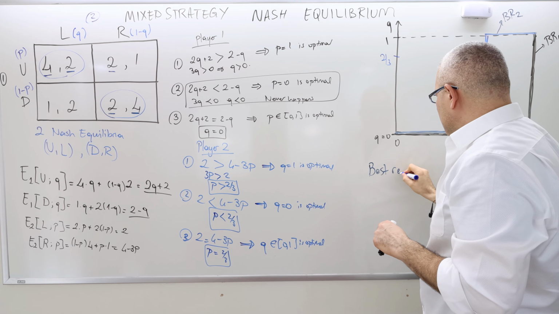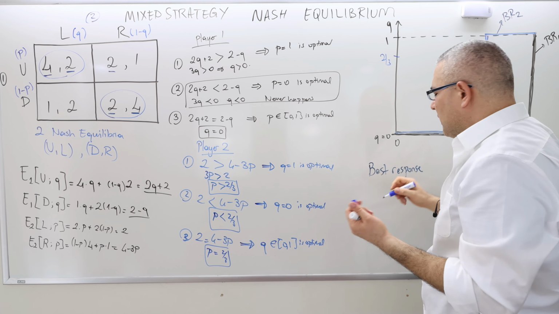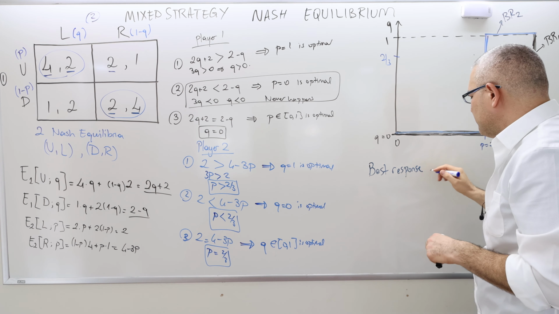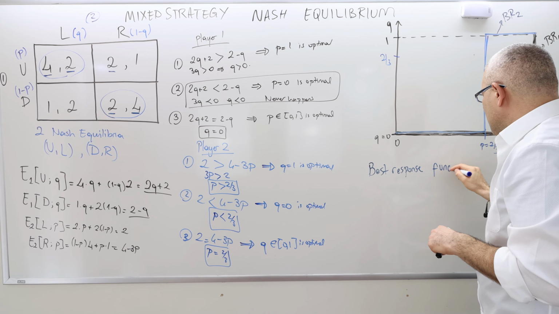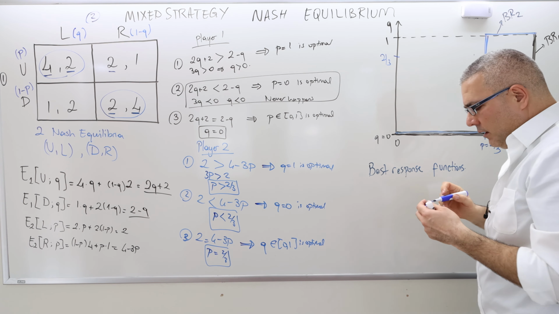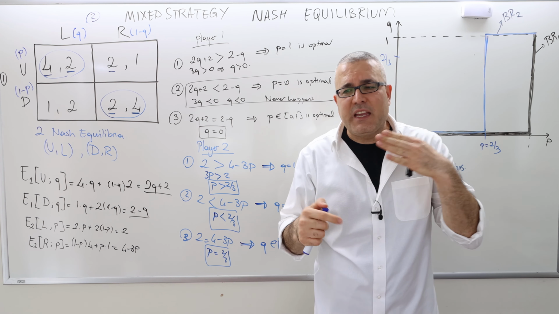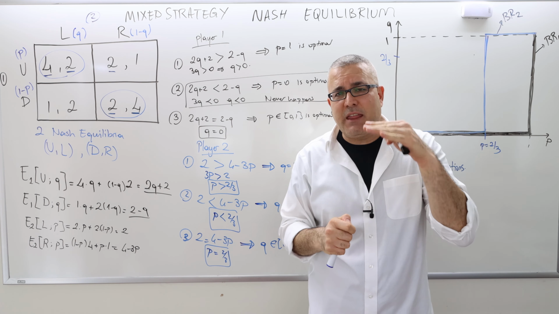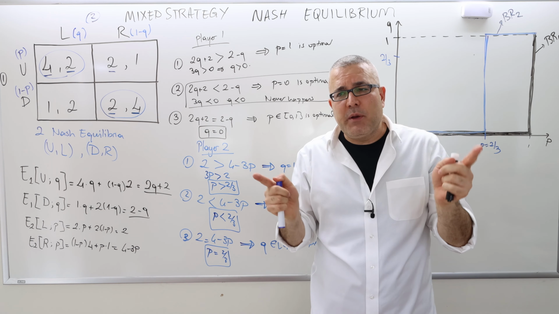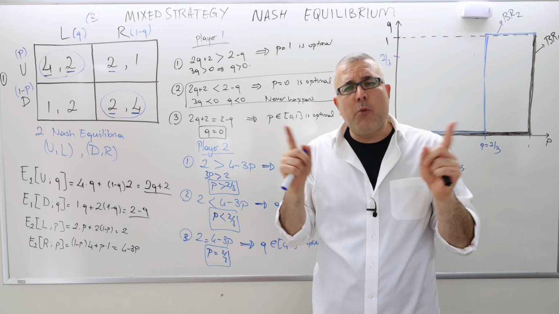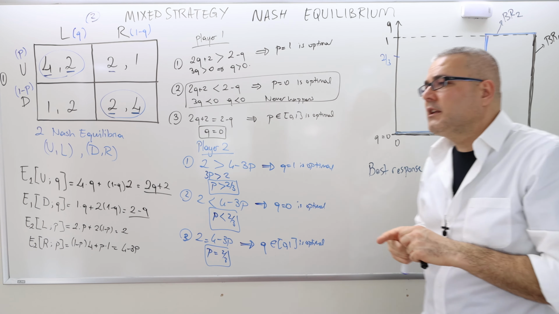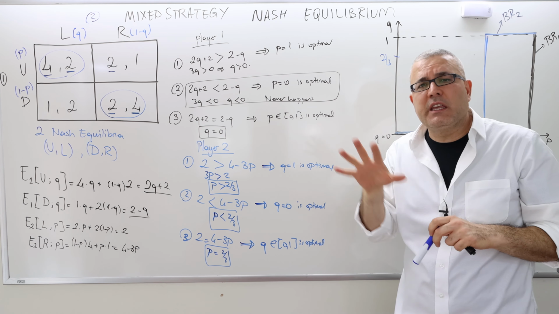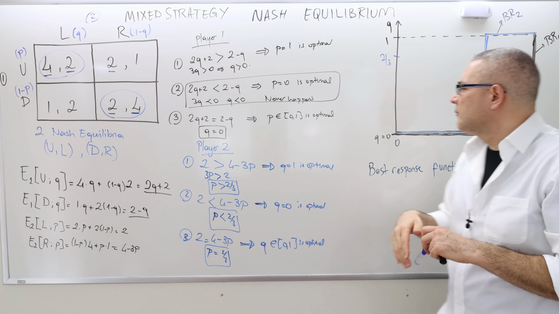Some textbooks call it best reply function. When best response functions intersect, it means at those points everybody is choosing optimally, so nobody will regret. Hence, the points of intersection will give us a Nash equilibrium.